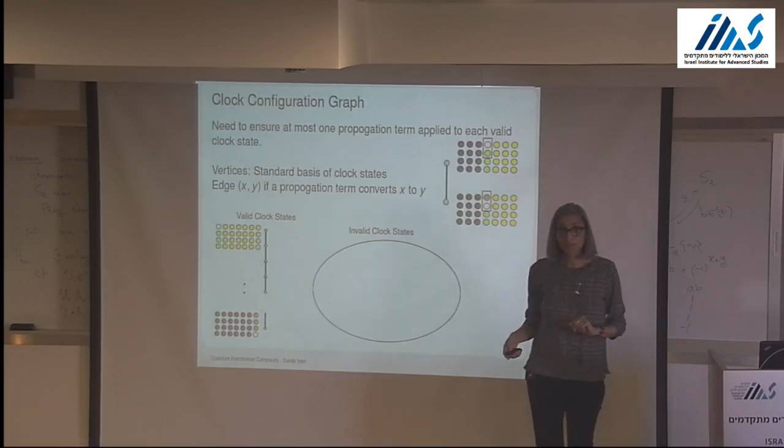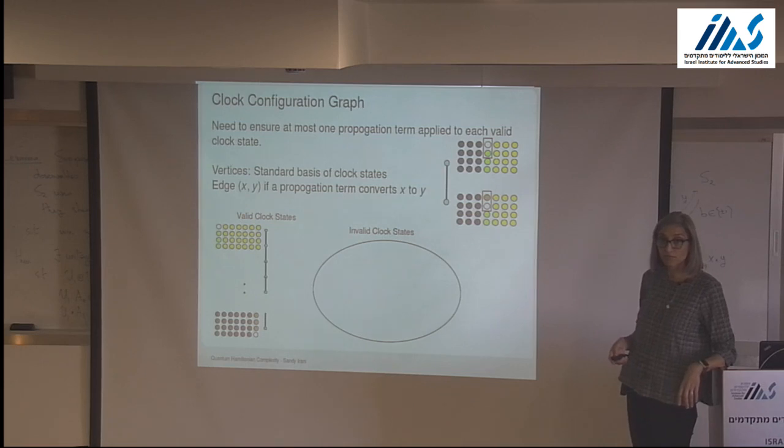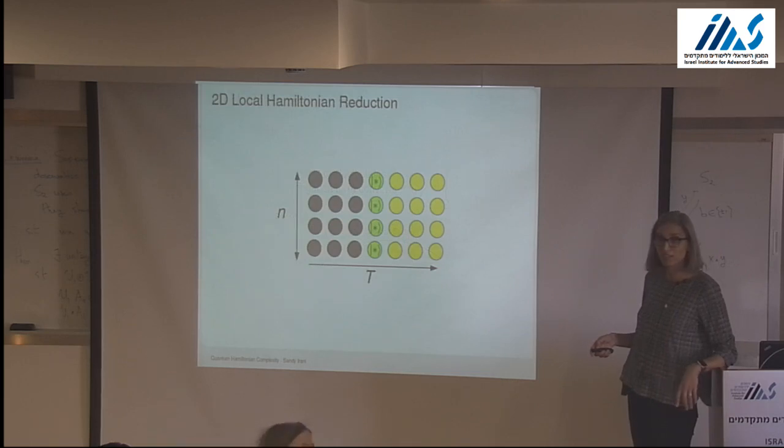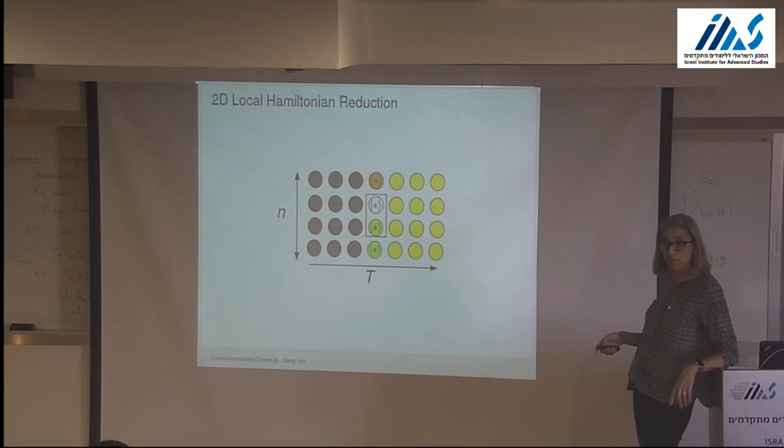When you have an edge denoting a propagation, doesn't the column containing the computation need to shift one to the right? Okay, let me go through this. This was a lot of work, so maybe it'll answer your question. We start out here. A propagation term applies, and the little white qubit moves down. Now the propagation term applies to this one, and each one of these is triggering the execution of a gate.